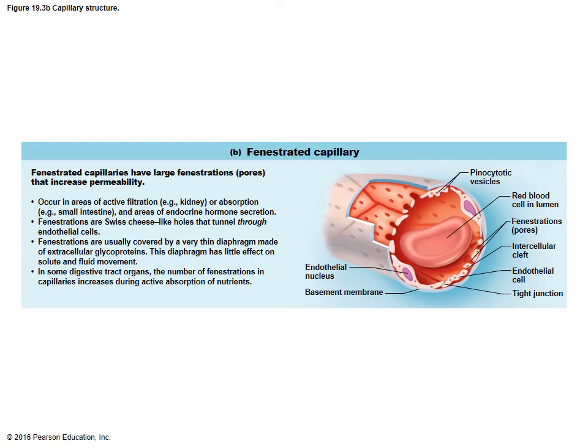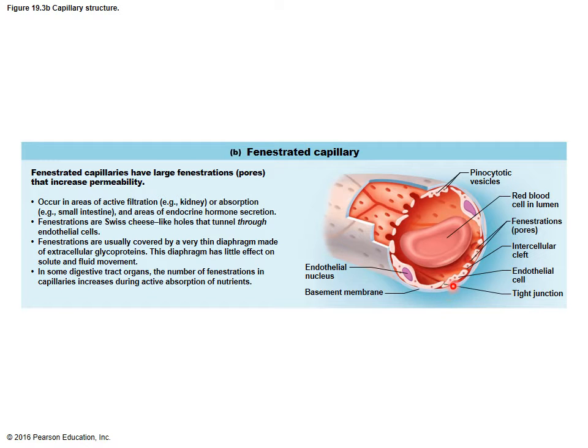The second type of capillary are the fenestrated capillaries. The fenestrated capillaries have pores. The fenestrations or pores are holes, basically, in the cells, and the holes increase permeability. So some vessels in the body, like in the kidneys or the small intestine, do need to have fenestrations to allow exchange of nutrients or to allow filtration.